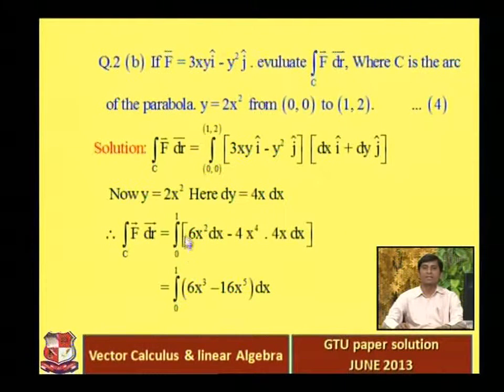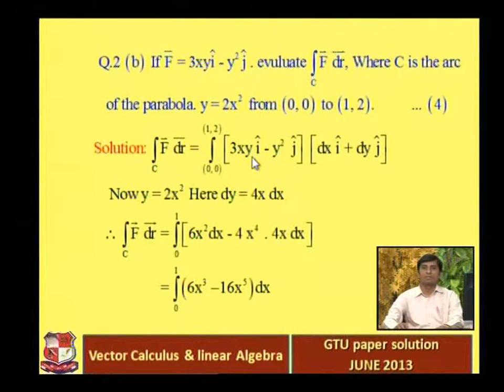So the limit is 0 to 1, because the first coordinate is for x and the second coordinate is for y. So here (0,0) to (1,2), when we put the limit of x, it is 0 to 1. Okay, so integration of f dot dr is equal to integration from 0 to 1.